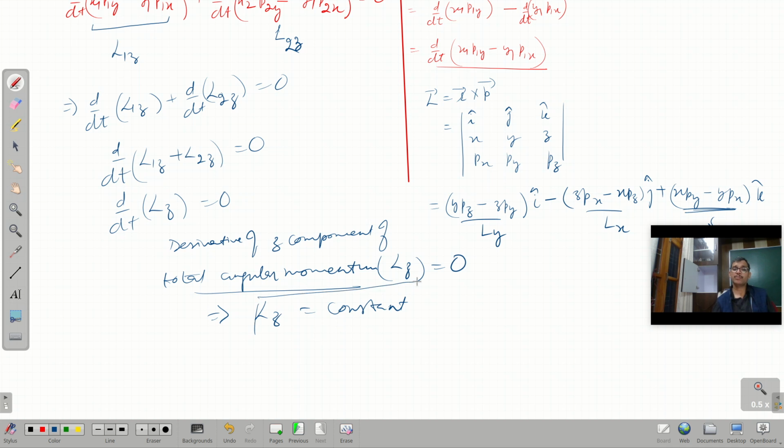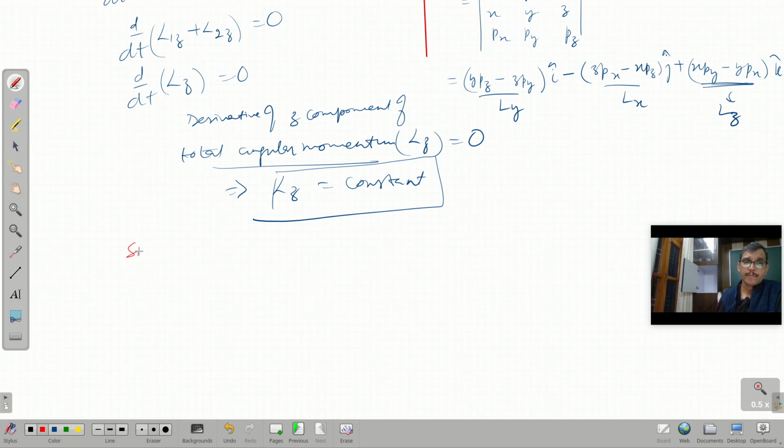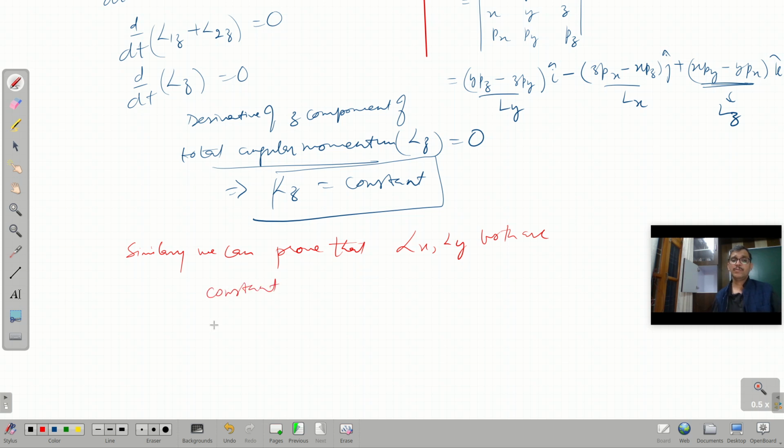So that means the z component will be constant. Similarly, we can prove that Lx and Ly both are constant. Thus we can say that total angular momentum is constant.